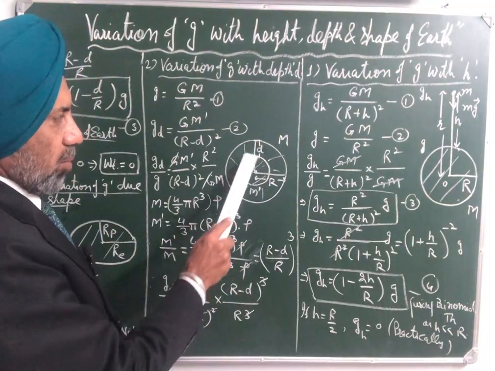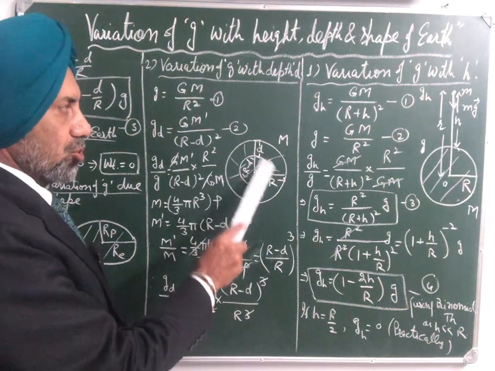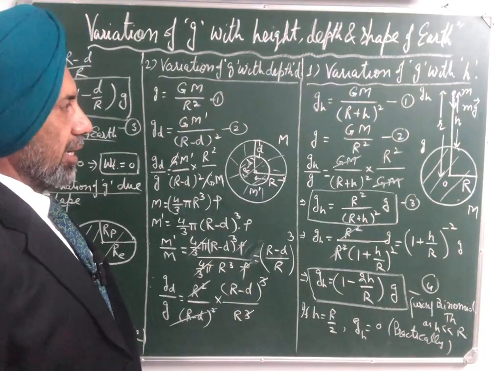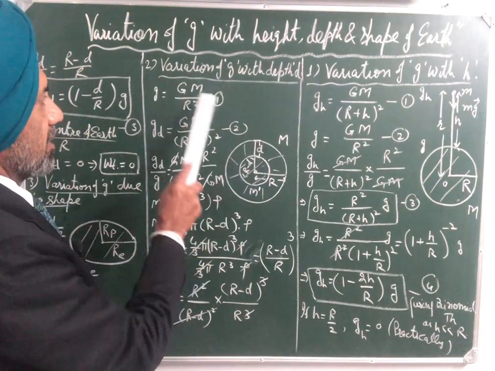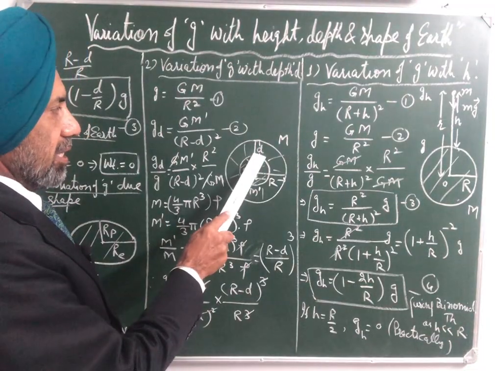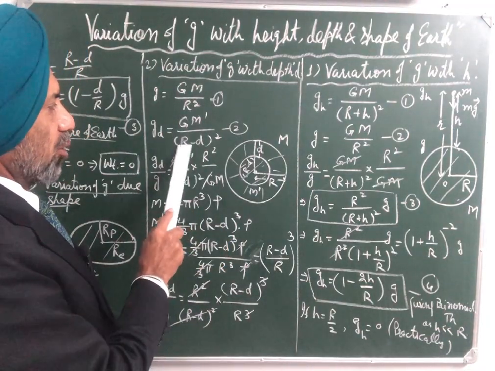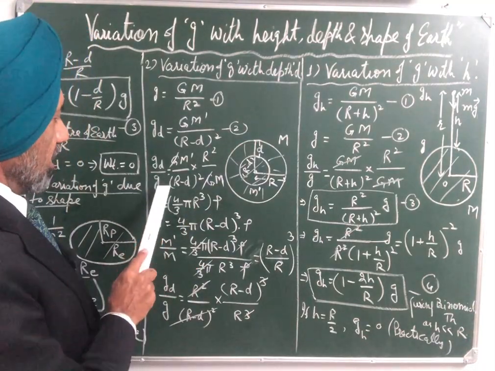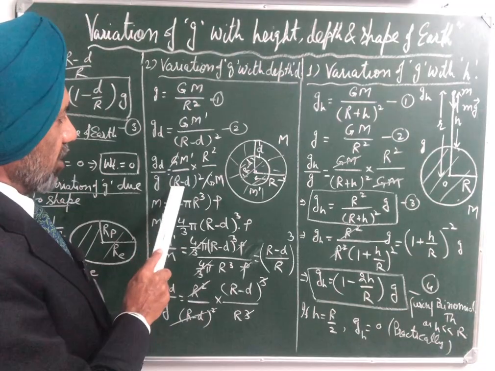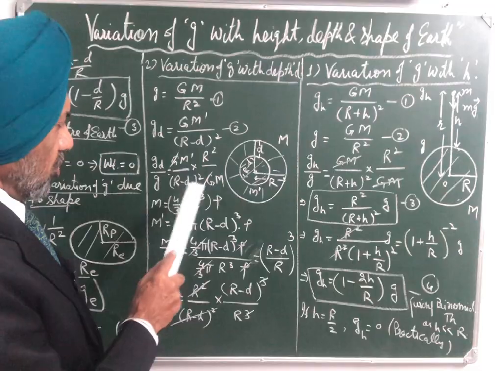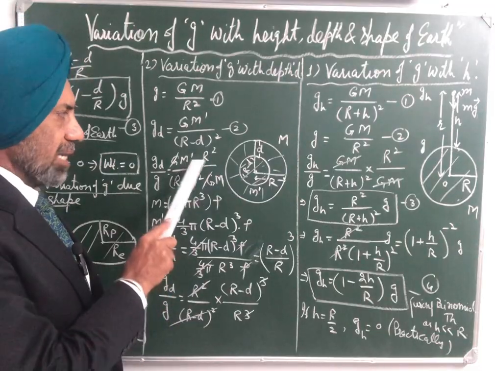Let M dash be the mass of this central portion of the earth having radius R minus d. Then by definition g at the surface is equal to GM upon R square, equation number 1. gd, the value of g at depth d, is GM dash upon (R minus d) whole square. If we divide gd by g, G cancels. Now we have to find the value of M dash and M.